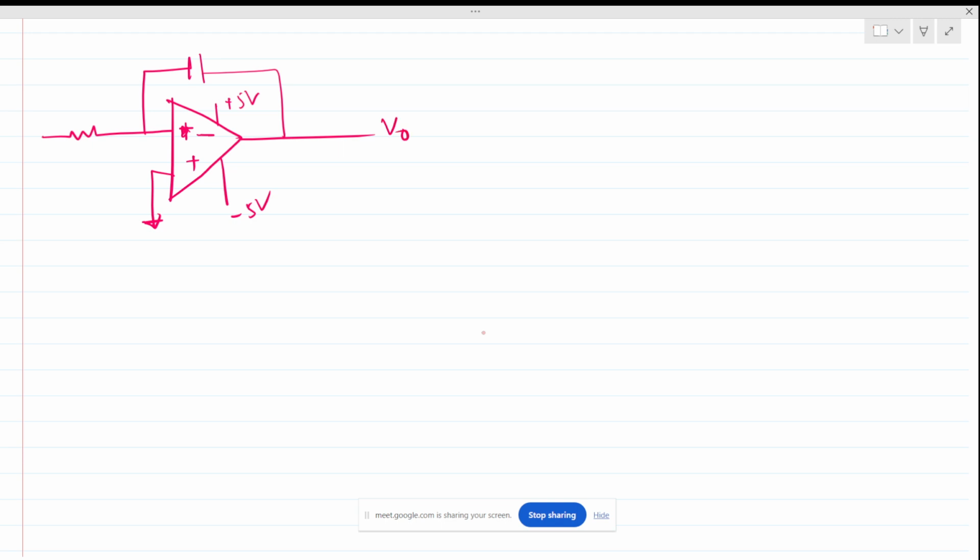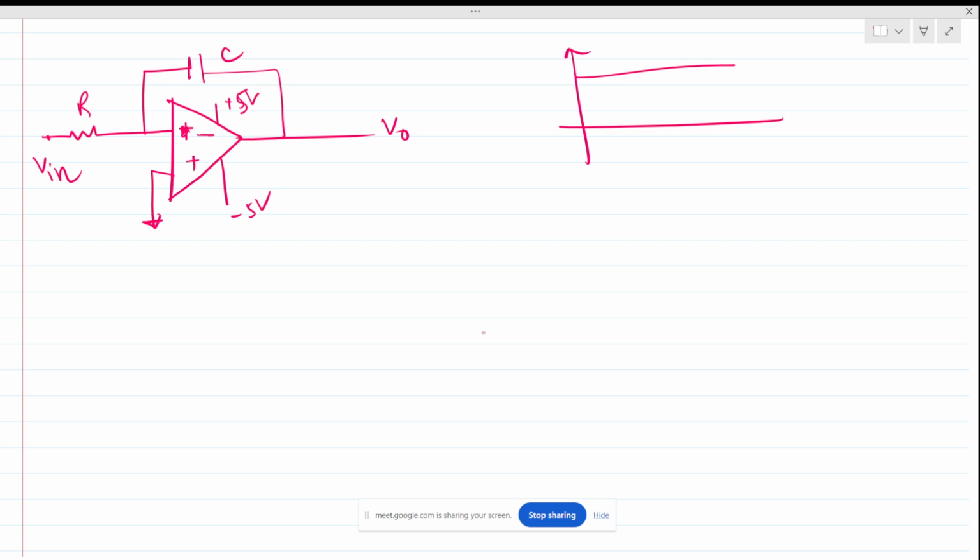We know that the op amp output cannot be higher than plus VCC and cannot be lower than minus VCC. We all know that, right? Now, let's say if V in is a pulse, like a step.